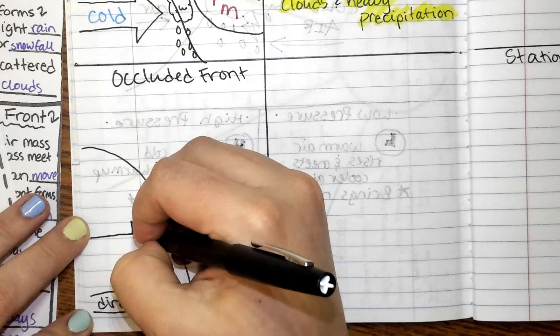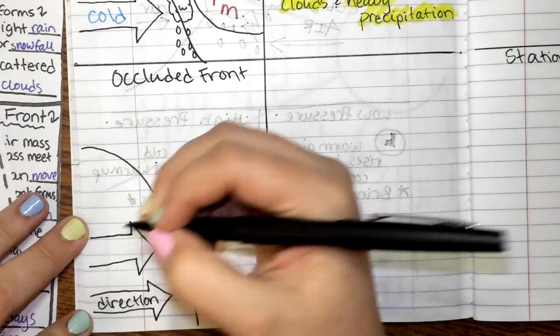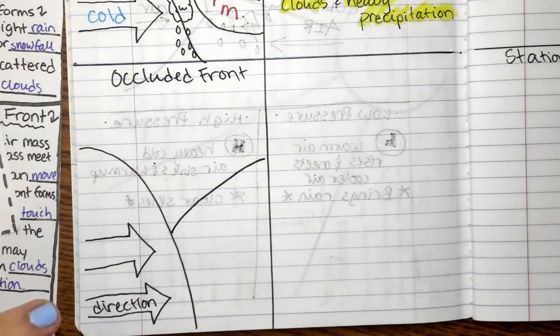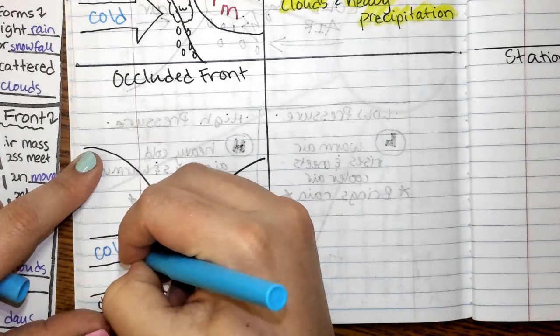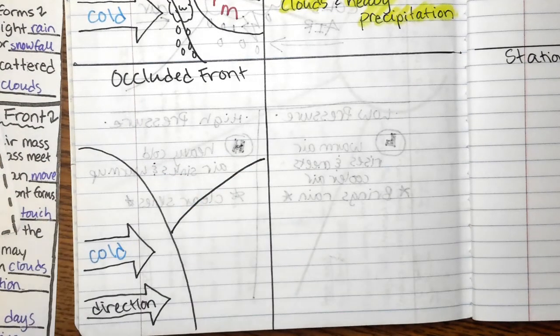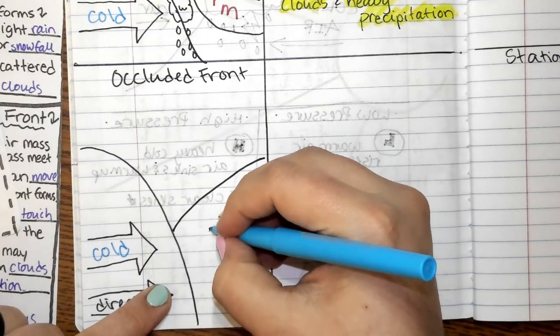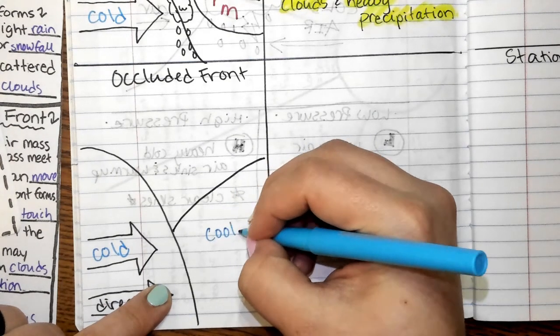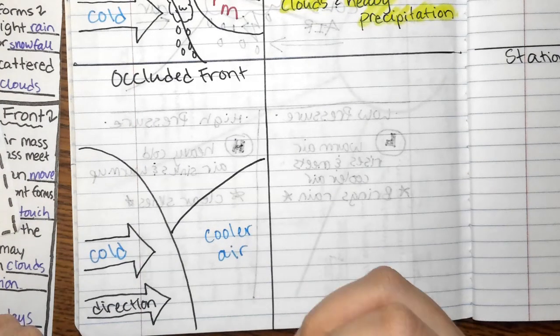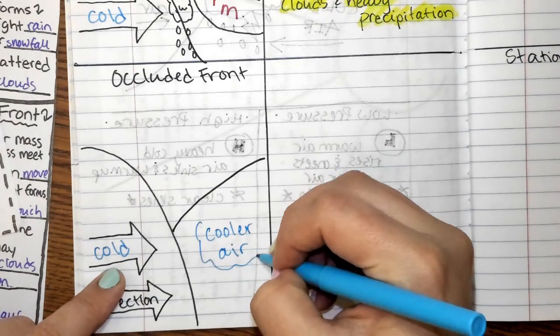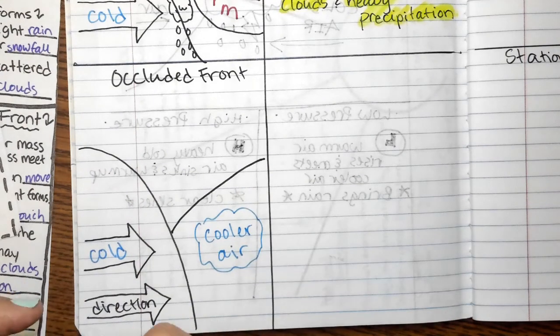Next, I'm going to draw my cold air mass. That's moving and pushing my cooler air around. It stands out a little bit.